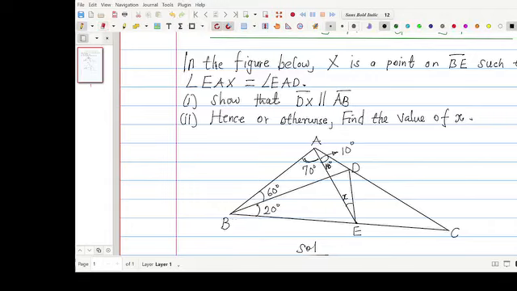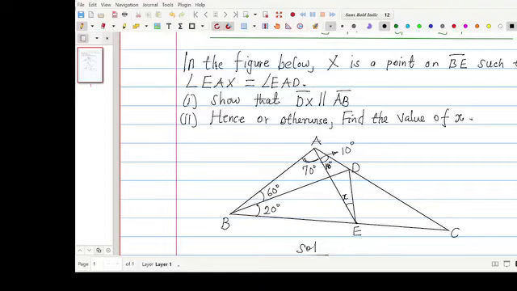Now X is a point on that line such that the angle EAX, all right, that is EAX is equal to EAD. Now you can see EAD here. EAD is 10 degrees. Can you see that?